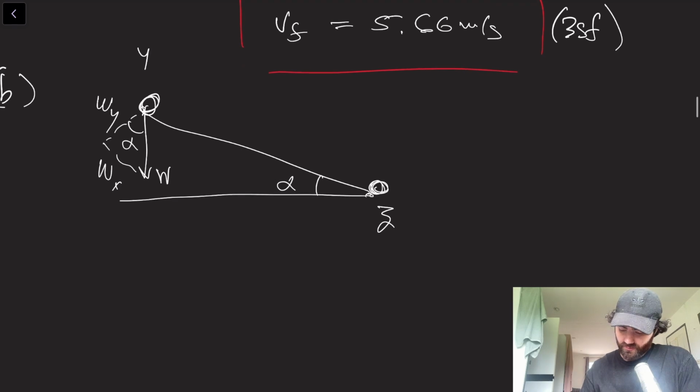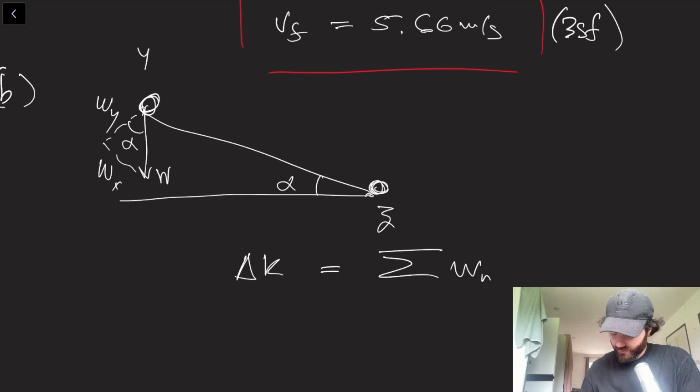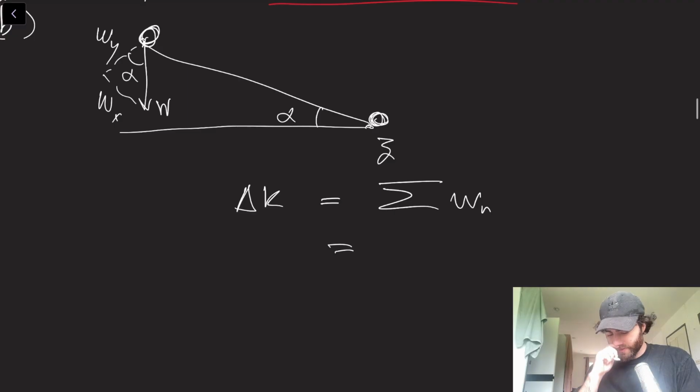So I guess we'll just do the same thing. So the change in K equals the sum of the work done. So what are the work done here? We have the work done against the frictional force, F mu.